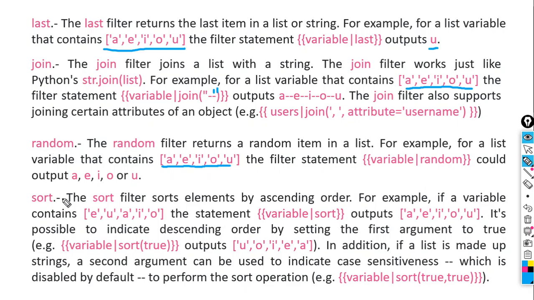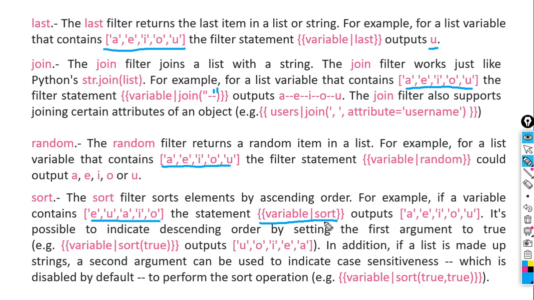Then the sort filter. The sort filter sorts elements in ascending order. By default it sorts the string or the list in ascending order. So here is the example. The input is E, U, A, I, O, and the statement is variable pipe sort.